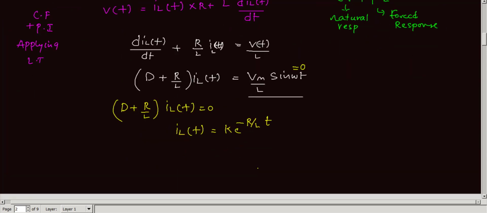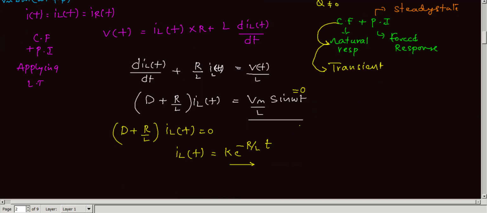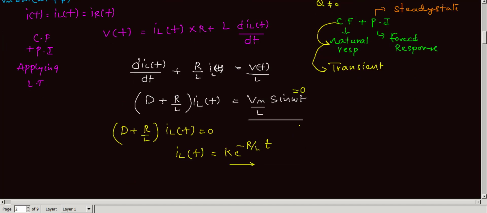This is the natural response, also called the transient response. The complementary function is the natural response, and the natural response is also a transient response. Now I want to find the particular integral, or forced response, or steady state response.